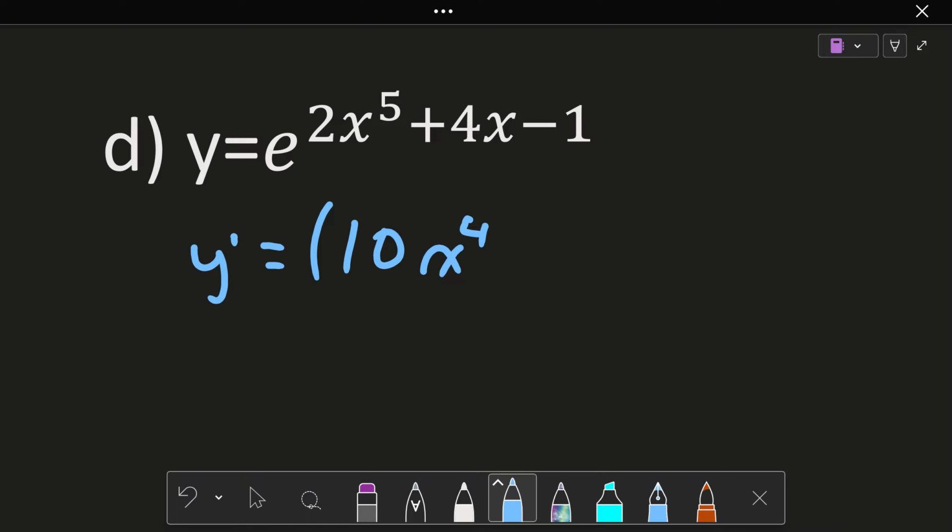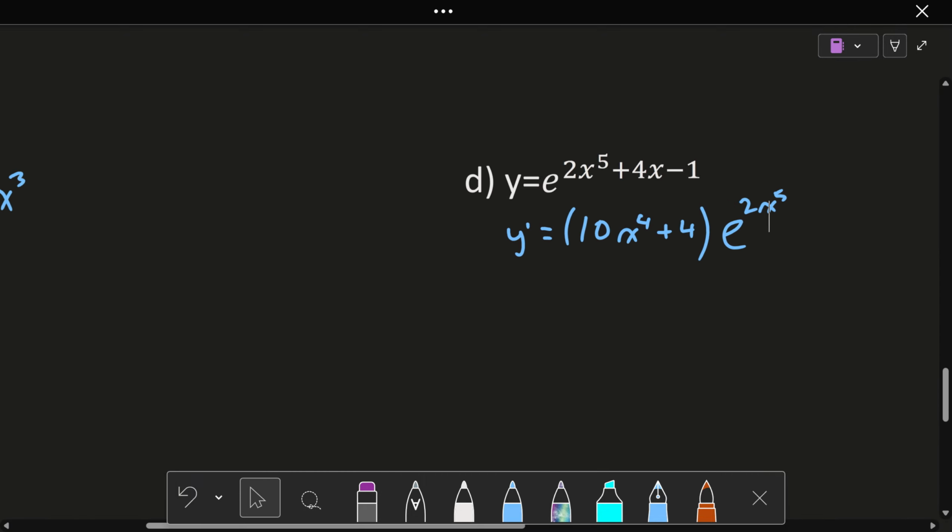The derivative of 4x is 4. The derivative of negative 1 is 0, so I'm not going to write that down. And then I just write down my original function again. That's what we discovered there, that the derivative of e to the power of anything is e to the power of anything. So just using the chain rule, we again multiply that by the derivative of the exponent.